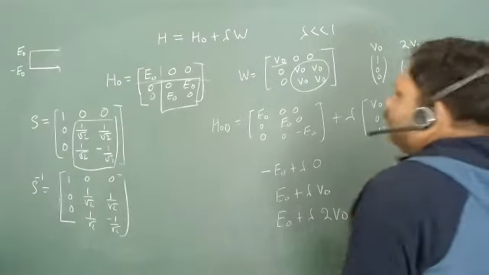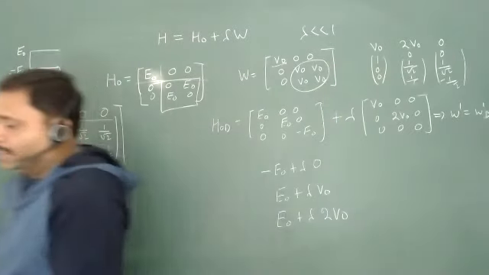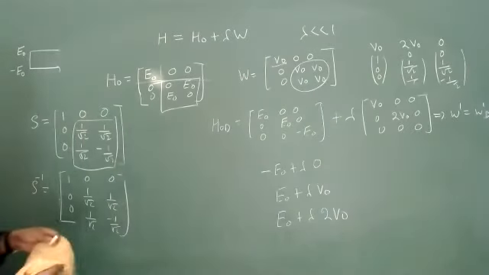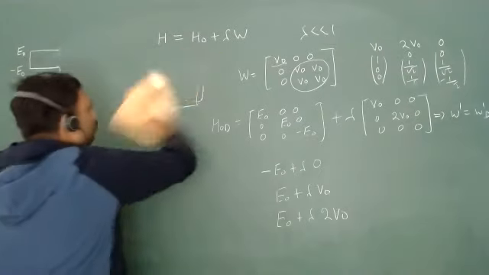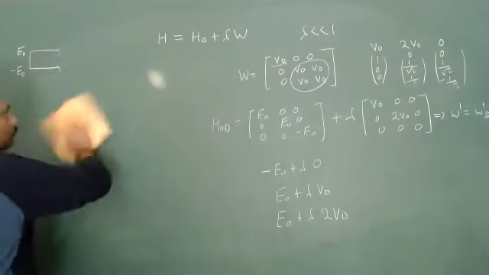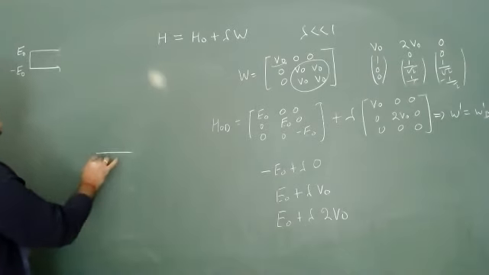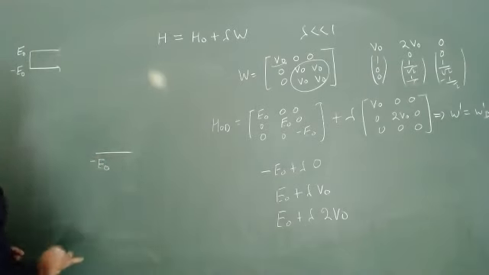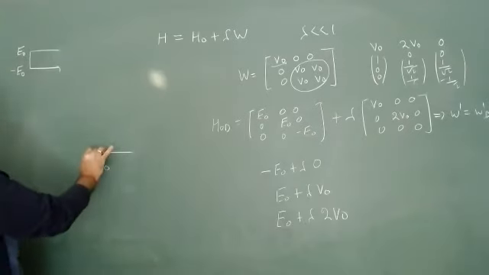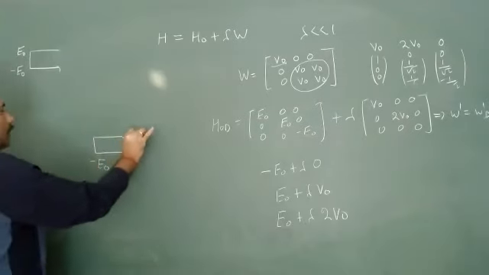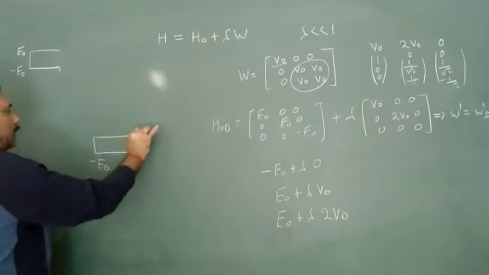Now, look at what is going to happen to your system after the perturbation. So, we have minus E0, that is non-degenerate, before perturbation, and we have E0 before perturbation.